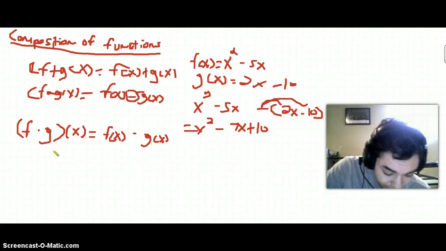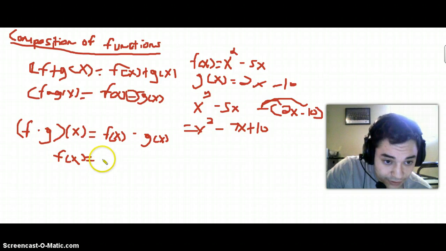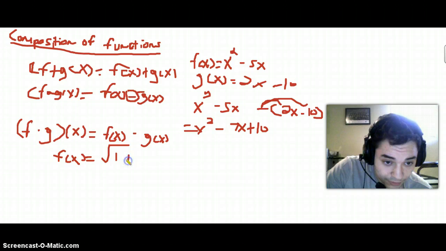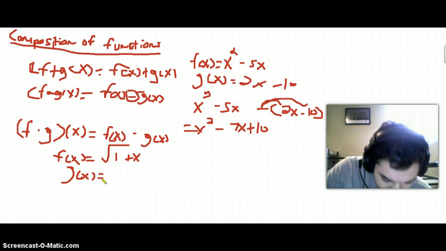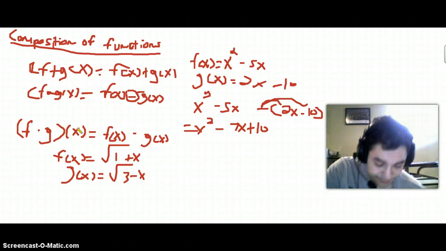But if we have an example, like let's say f of x is equal to square root of 1 plus x, and g of x is equal to square root of 3 minus x, and they ask us to multiply the functions.